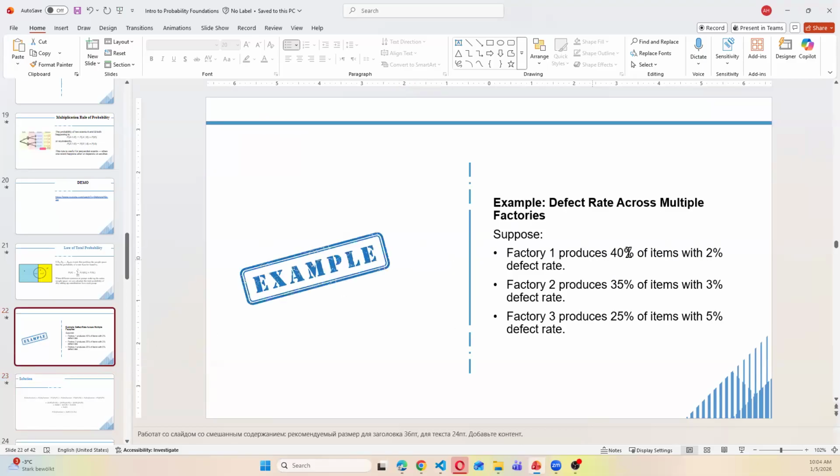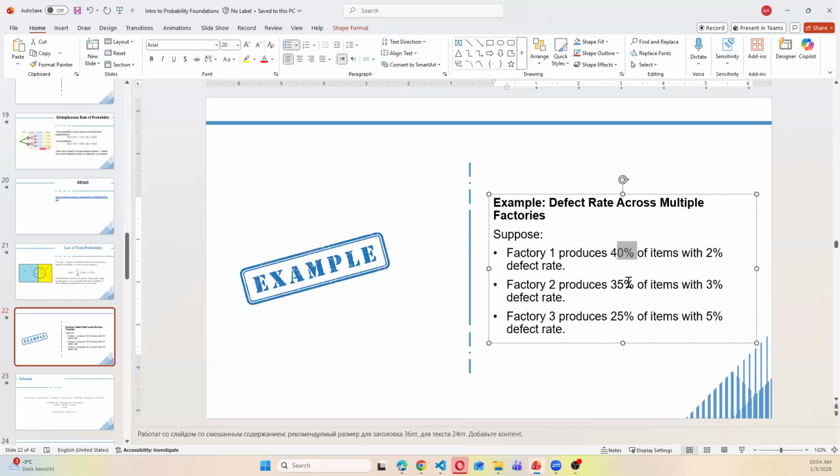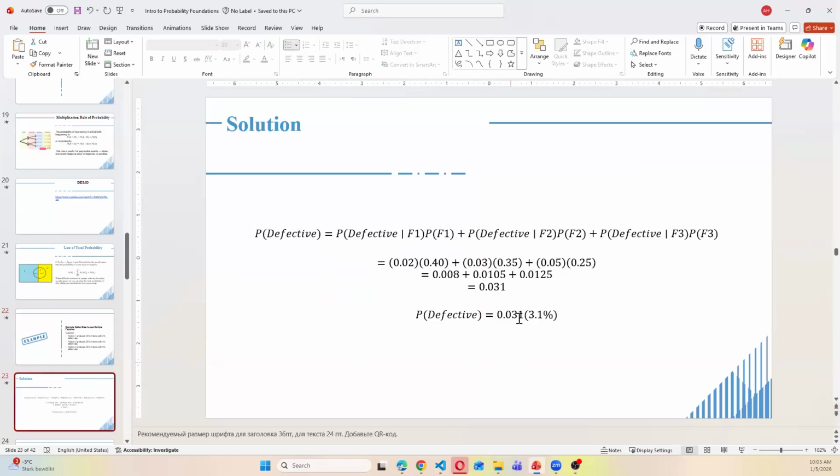Factory 2 produces 35%, and if you multiply each defect rate by its share and add all of them, you find the total defective items, which is about 3.1%.